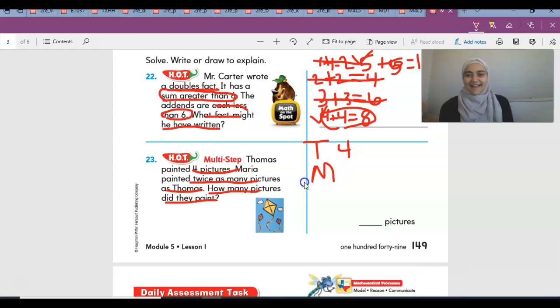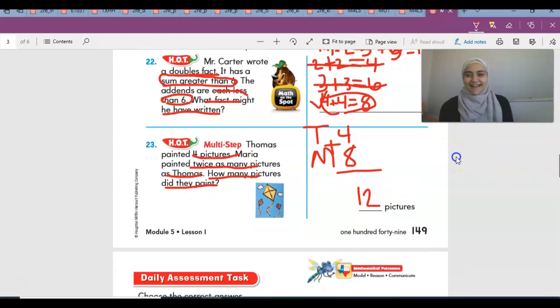And then it says Maria painted twice as many. So Maria painted 4 plus 4. What's 4 plus 4? 8. Very good. So now how many did they paint together? What's 4 plus 8? 12. Very good. So they painted how many pictures together? 12.